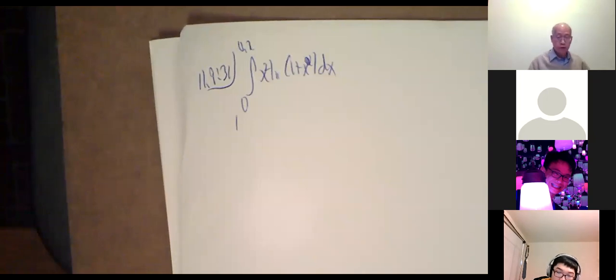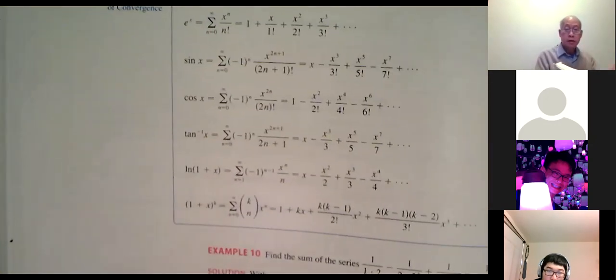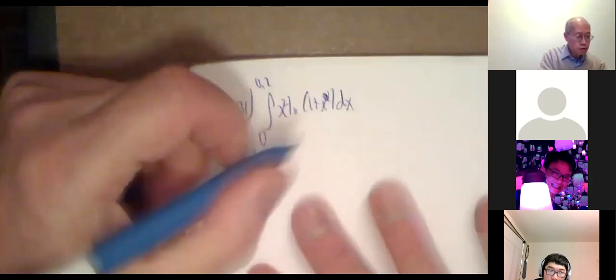Okay, so use the formula for ln(1 plus x). I'll go x minus x squared over 2 plus x cubed over 3 minus x to the 4th over 4.